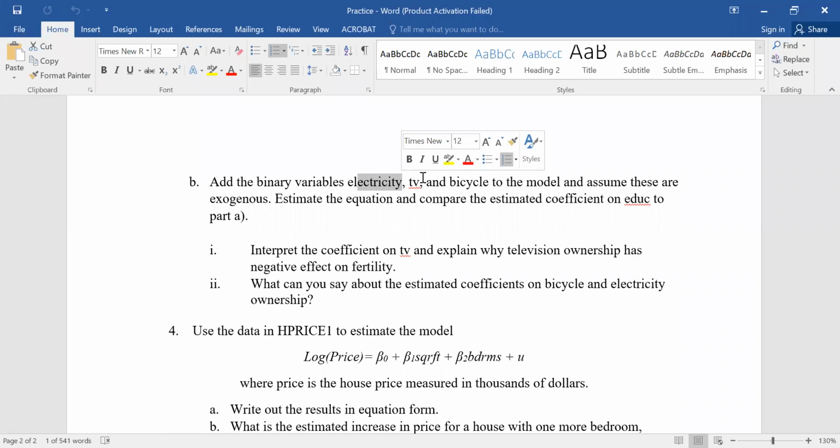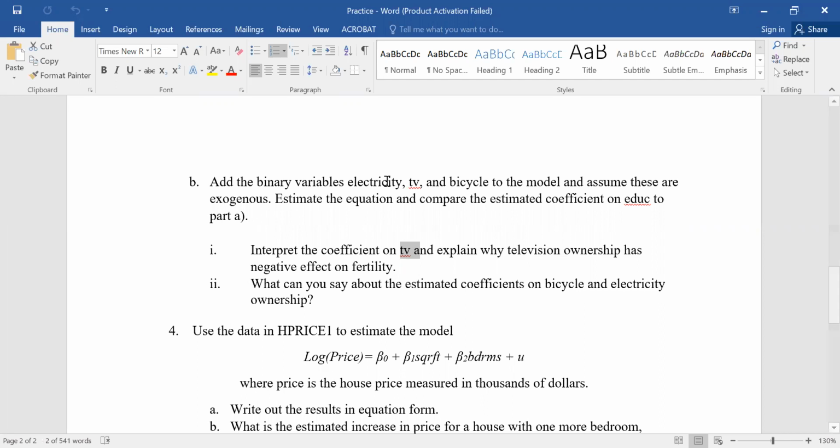The question says we have to include them and interpret the coefficient on TV and explain why television ownership has a negative effect on fertility.